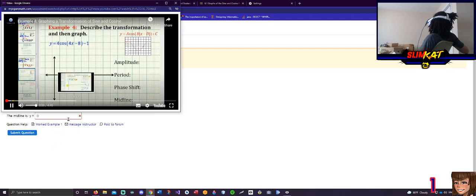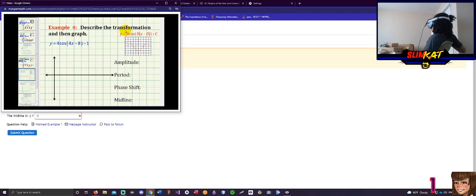Okay, there. Here's a fourth example of describing and then graphing a trig transformation. We have y equals 4 times cosine of the quantity 4x minus 8, minus 1. Looking at our notes for the transformations of cosine, the first thing we need to recognize is that we have to factor 4x minus 8 to make it fit this form.